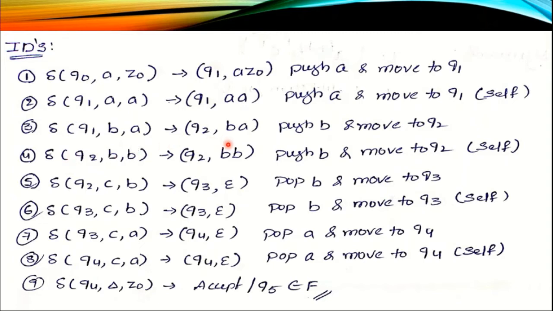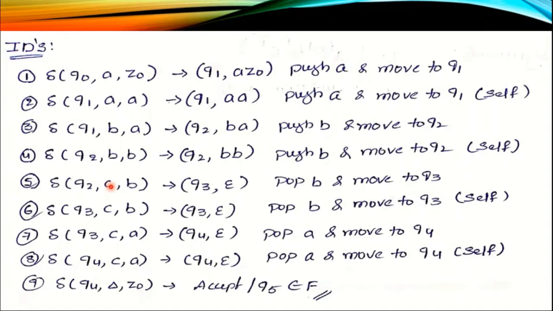After completion of j number of b's, we can read the input symbol c. We already discussed this at the beginning of the analysis session. So when we read the c symbol, we perform the pop operation and then go to the next state q3. In case we go to q2 instead of q3, it would be a mistake. Why?